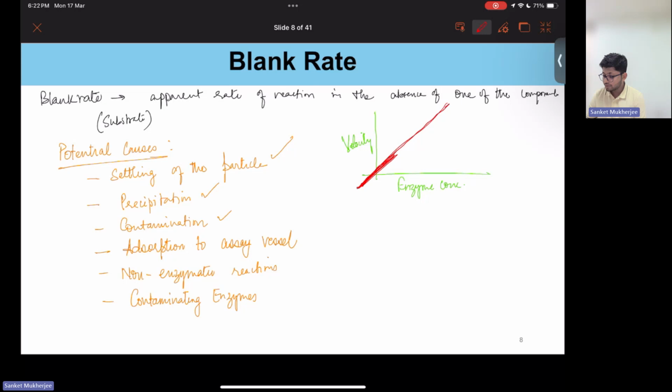Let's make it a little bit like this. So this is an ideal situation. Ideally, an increase in enzyme concentration ensures a proportional increase in the velocity of the reaction.